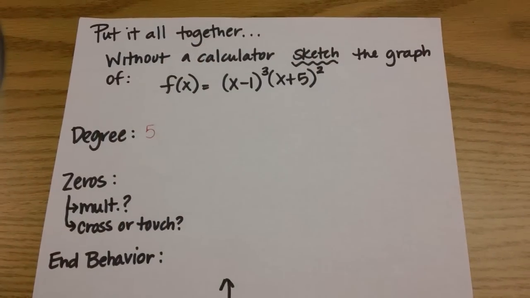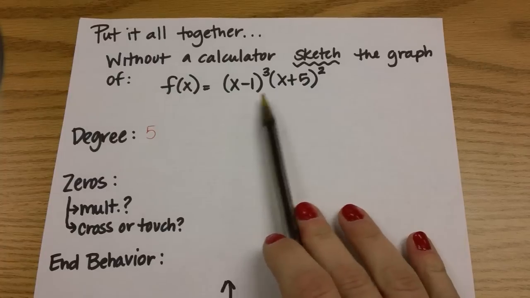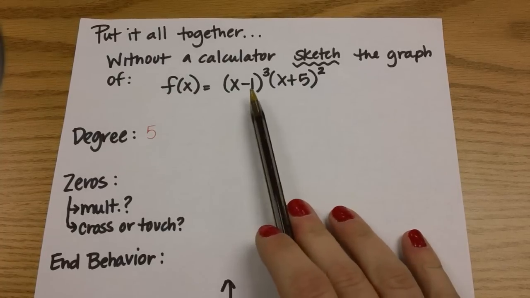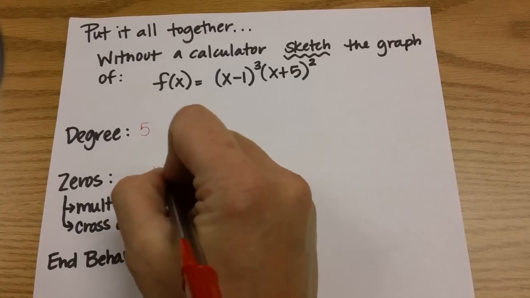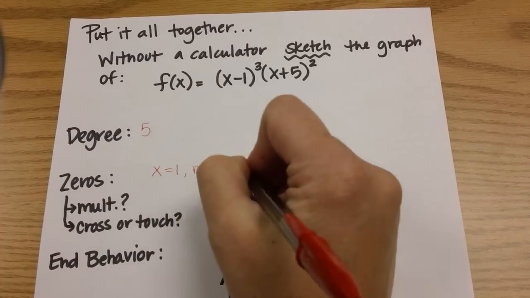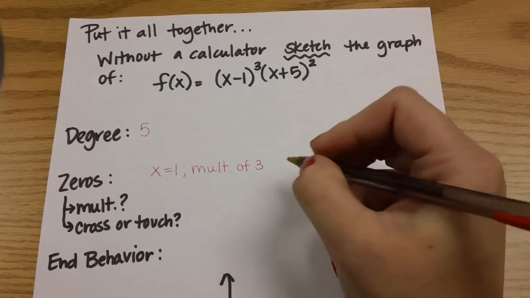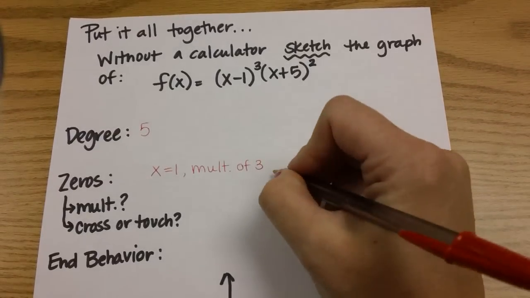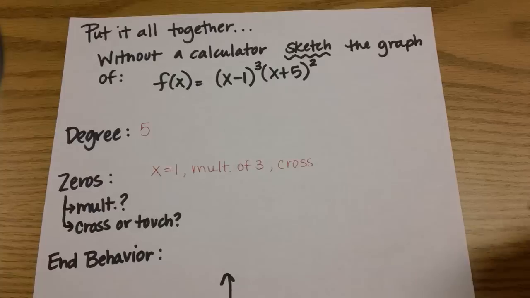Since it's already factored for us, we can find our zeros quickly. We have a zero at x equals 1, and this is going to be a multiplicity of 3 because it's cubed, and because 3 is an odd number, we know that this is going to cross the x-axis at that point.